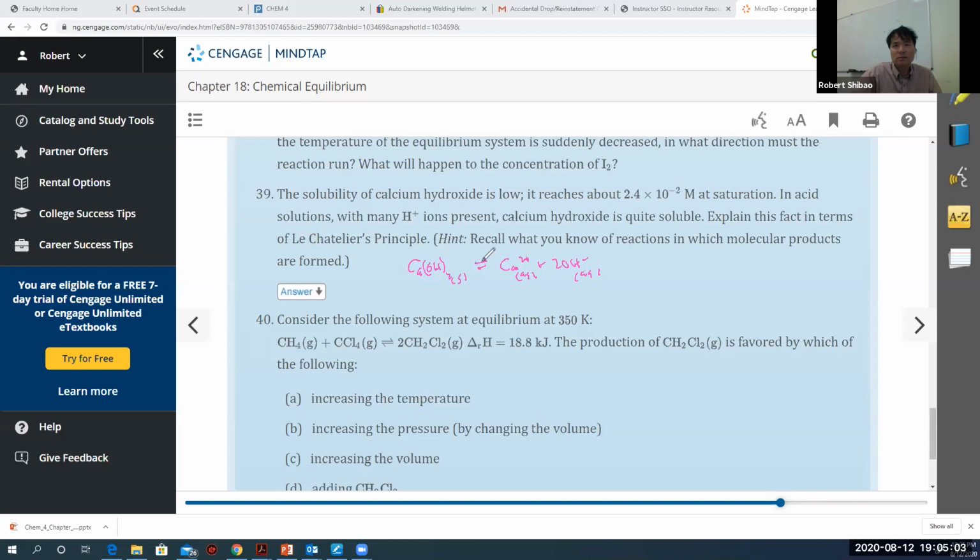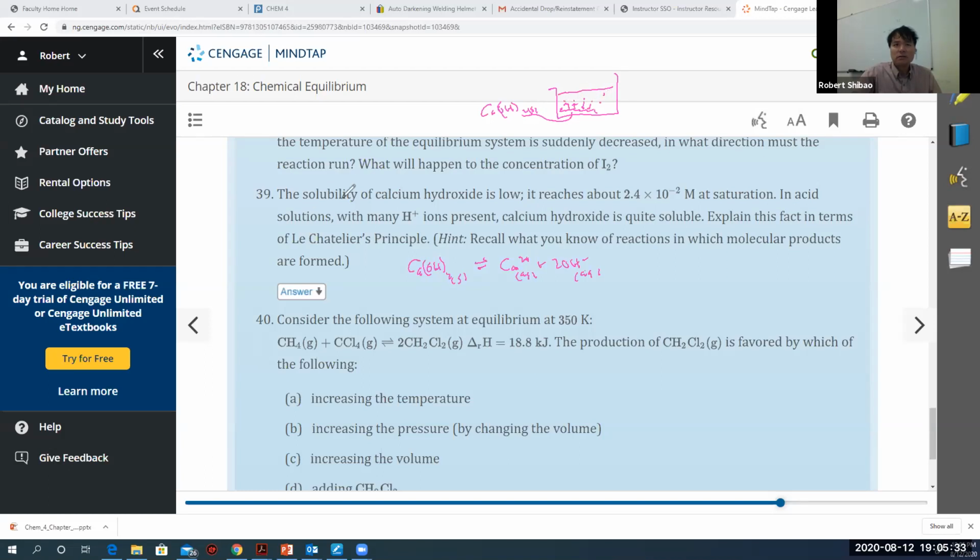Once the dissolution and the precipitation rate are equal, we've reached the state of dynamic equilibrium where no more calcium hydroxide will dissolve. I'll have some excess calcium hydroxide solid, like that. Once the concentration of the ions increases to the point where they come back and stick at the same rate that they're breaking off, then we've saturated the solution.